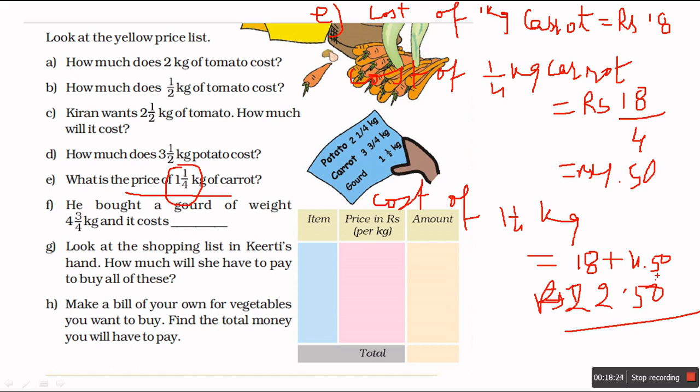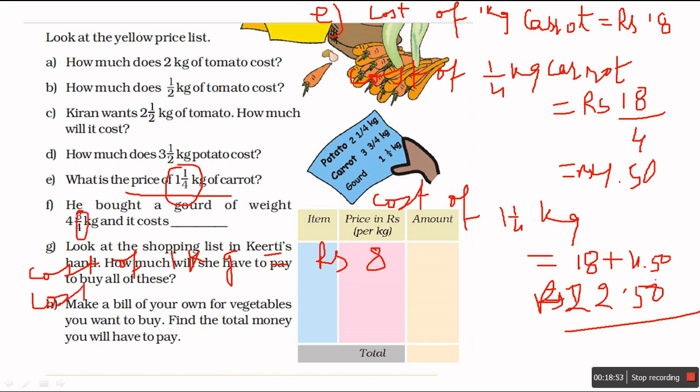And the next question is, he bought curd of weight 4 and 3 quarter. So we have to calculate cost of 4 and 3 quarter. So cost of 1 kg is equal to rupees 8. We need to calculate cost of 3 quarter.